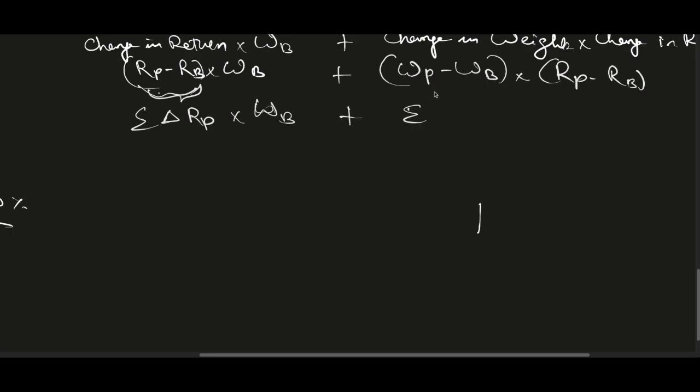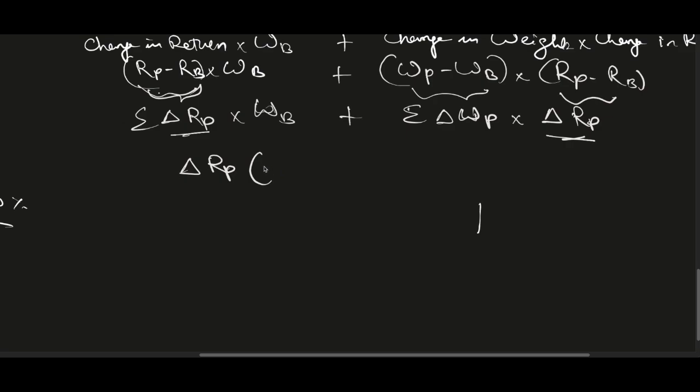summation of, this is change in weight, change in return. So delta change in weight into delta, that means change in the return of the portfolio. So from this, if I take delta return of the portfolio as the common one, what I will get is weight of the benchmark plus delta WP, weight of the portfolio.